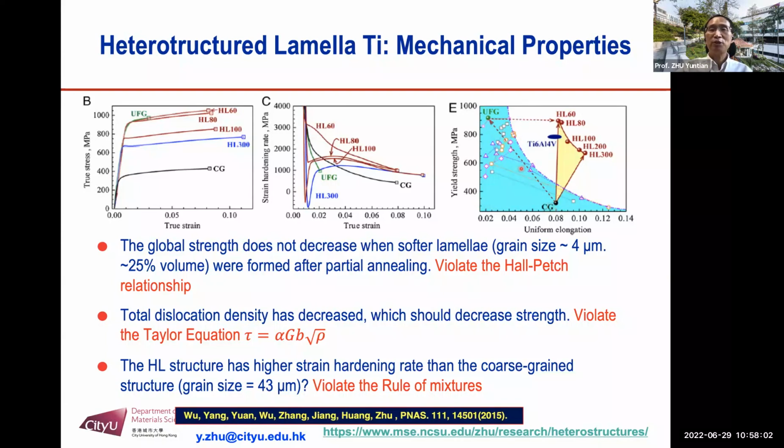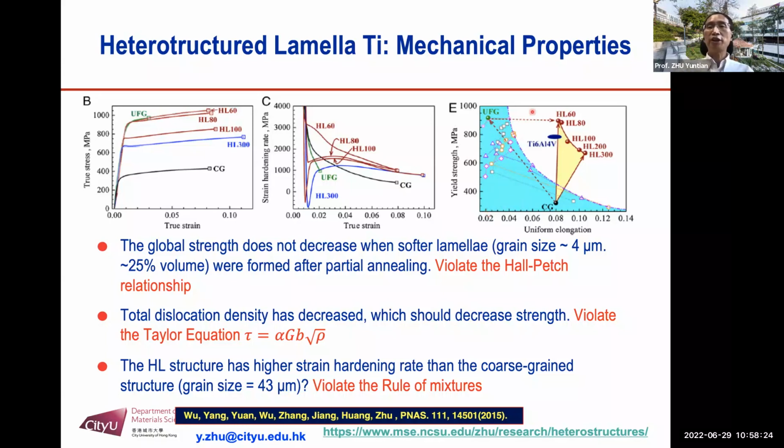When we process it into ultrafine grains, this ultrafine grain titanium, the strength is about 900 megapascal, but the ductility decreased to about 2%, which makes it useless. The ductility is not high enough for real application.